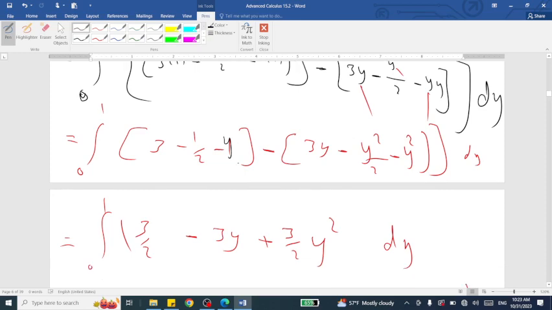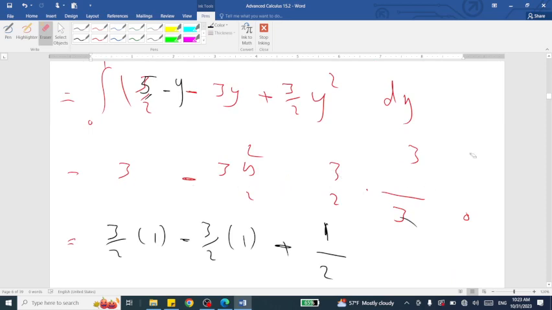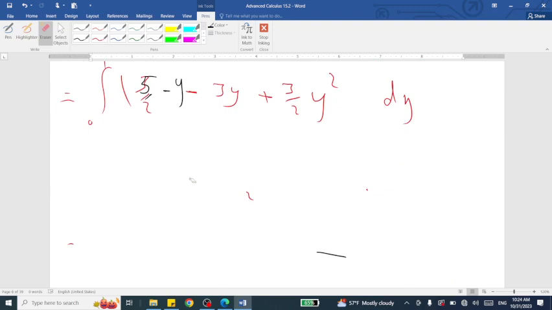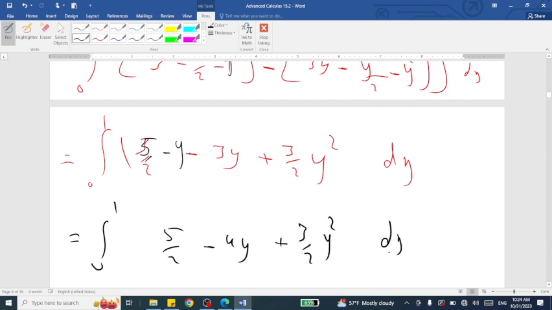So let me erase it. Good. So 0 to 1, 5 over 2 minus 4y, plus 3y squared, dy.